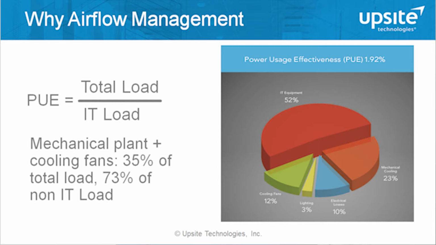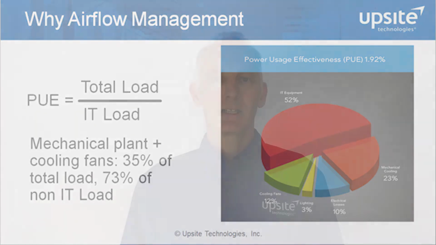The mechanical plant and the cooling fans represent 35% of the total load, or 73% of the non-IT load. So there's a lot of leverage in improving airflow management to reduce operating cost and regain stranded capacity. So this is a very important aspect of that.